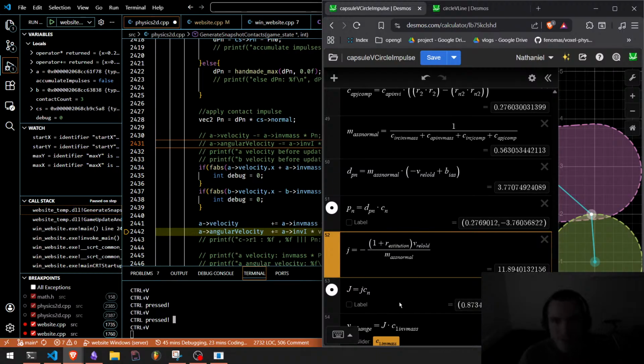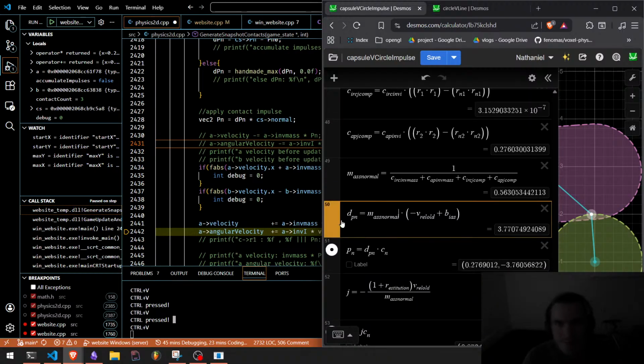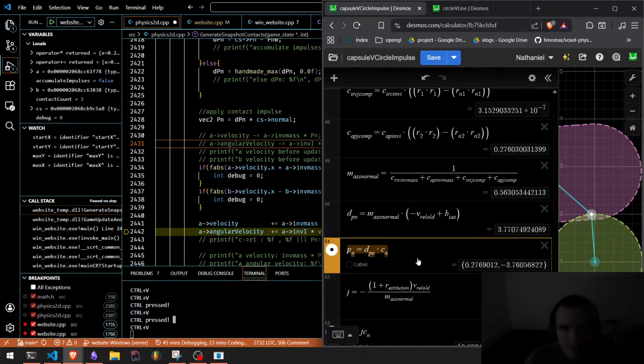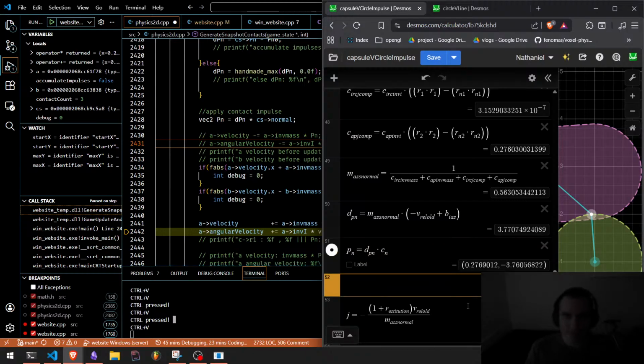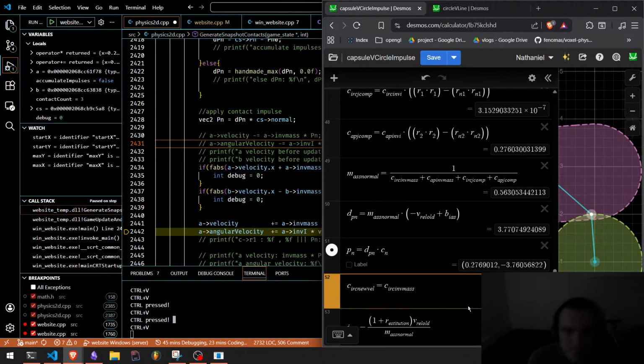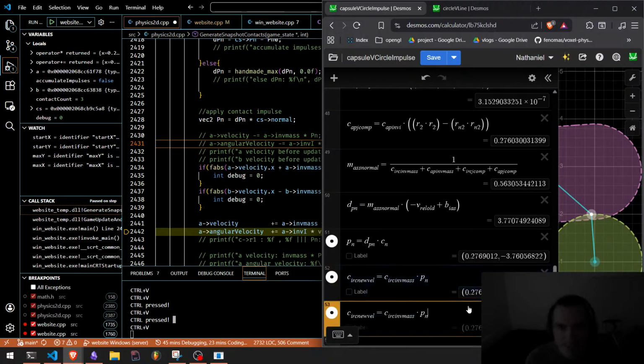Let's just ignore J for now. What we actually want is dPn, that's correct, then the resolution normal. That's what we're multiplying by the inverse mass of, let's just call it circ nu vel. We're doing the circ inverse mass times Pn, yes. Let's do the same for the capsule, new velocity.